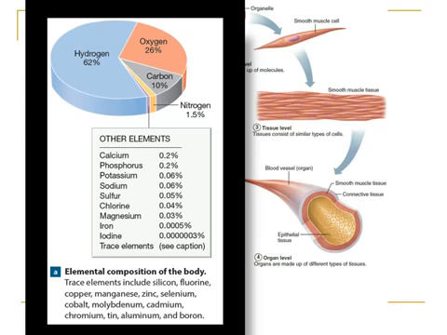These are the different elements present in the human body. The highest is hydrogen, then oxygen, carbon, nitrogen, and other trace elements are also present, like calcium, phosphorus, potassium, sodium, sulfur, chlorine, magnesium, iron, iodine, silicon, fluorine, copper, manganese, zinc, selenium, cobalt, molybdenum, cadmium, chromium, tin, aluminum, and boron.